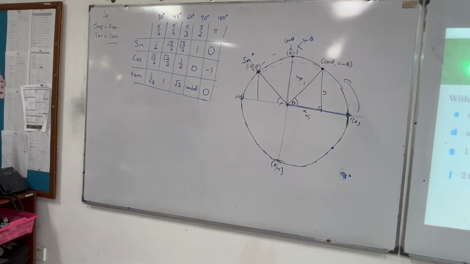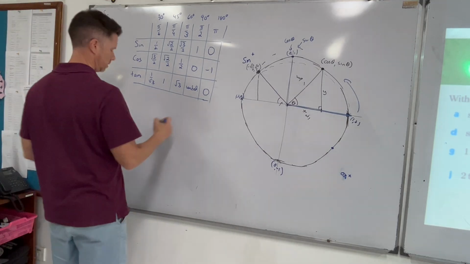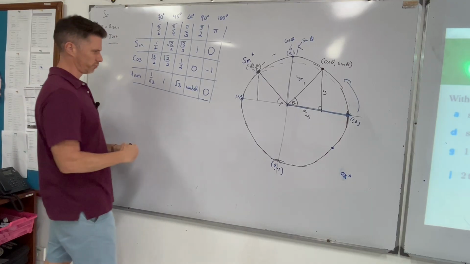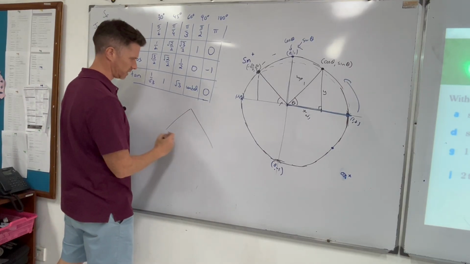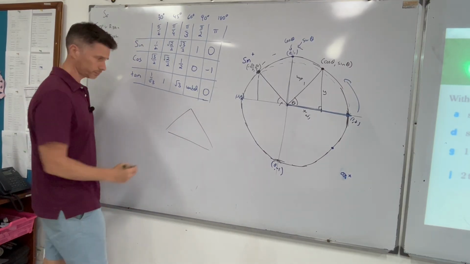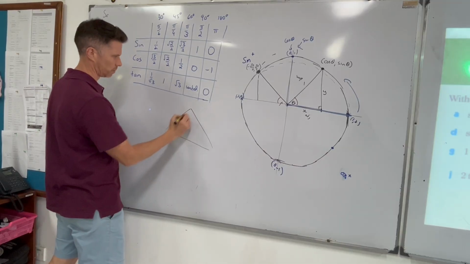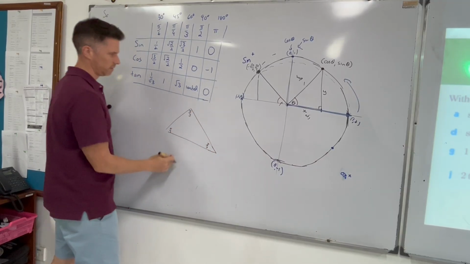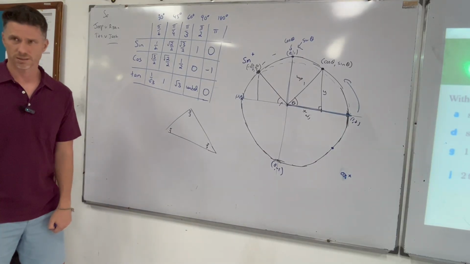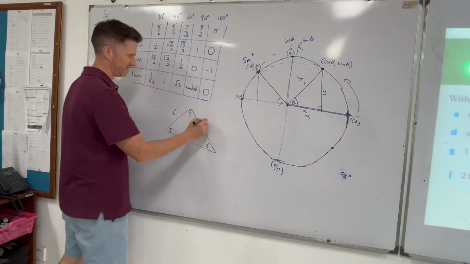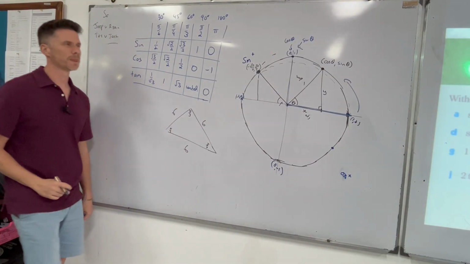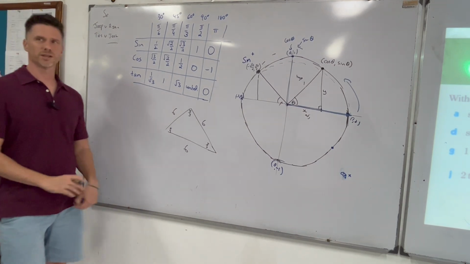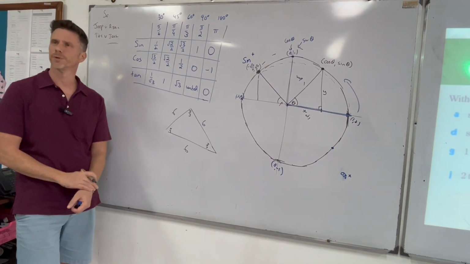We'll start to look at these in a second. In general, if I drew an equilateral triangle with pi over 3 in the corner, and give me a length of the side, say 6, 6, 6, would the answer be different for the ratio?